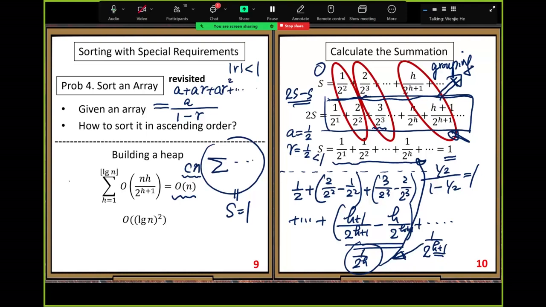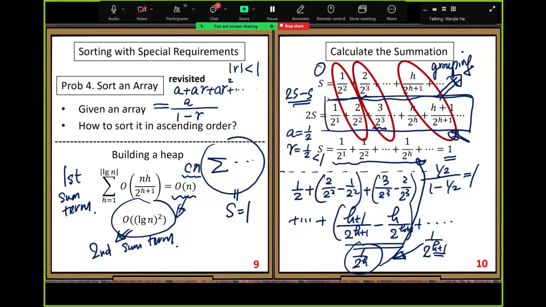But this is the first summation term. This is the second summation term. You can see the first term dominates the second one, right? The first term is big O of n, the second one is log base 2 of n, although squared, but it's log base 2 of n.